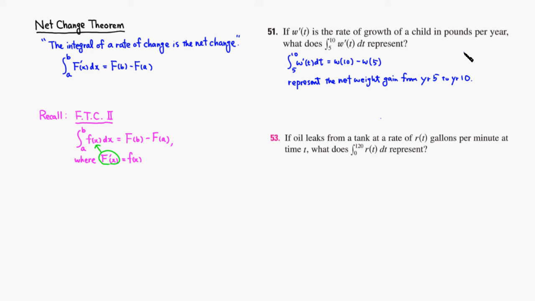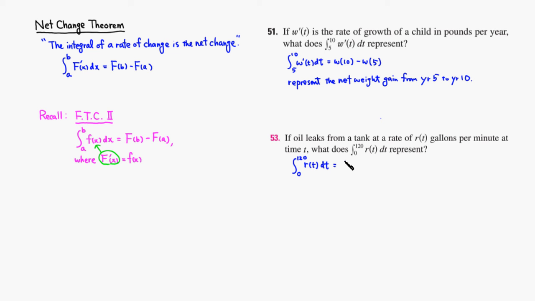If oil leaks from a tank at the rate of r of t gallons per minute, so r of t is the rate of change of the oil leak, what does the integral from 0 to 120 of r of t dt represent? Again, we can rewrite it.